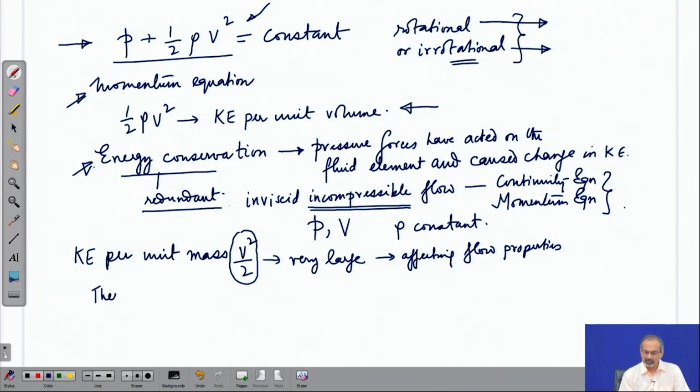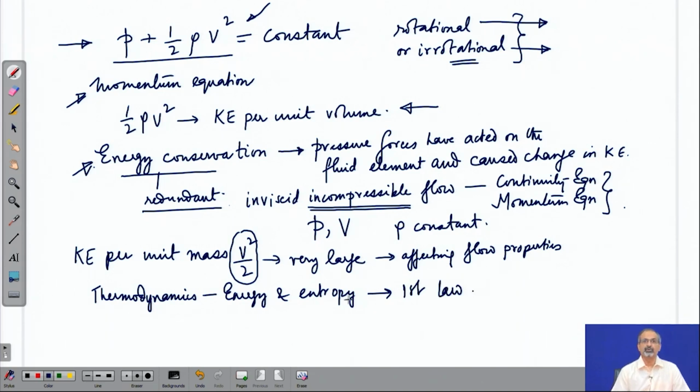Consequently, we have to invoke the concepts of thermodynamics, so that we can look at it from the energy and entropy perspective. Thereby, the first law comes up when we talk about energy conservation.